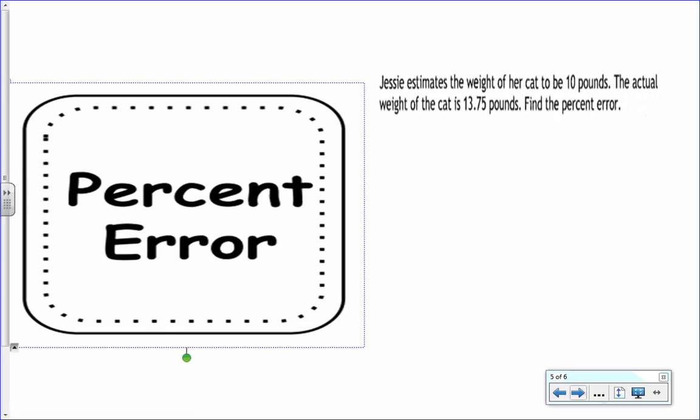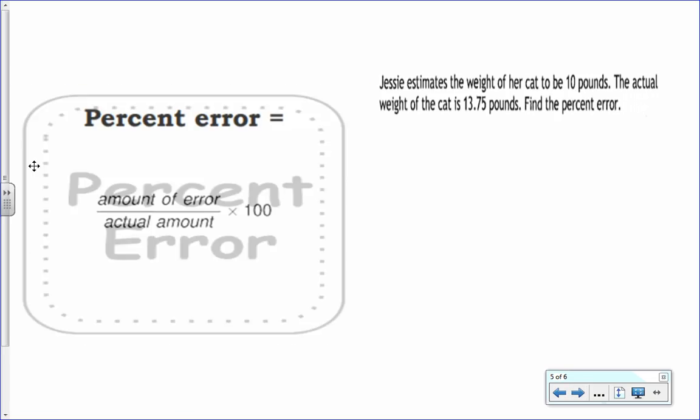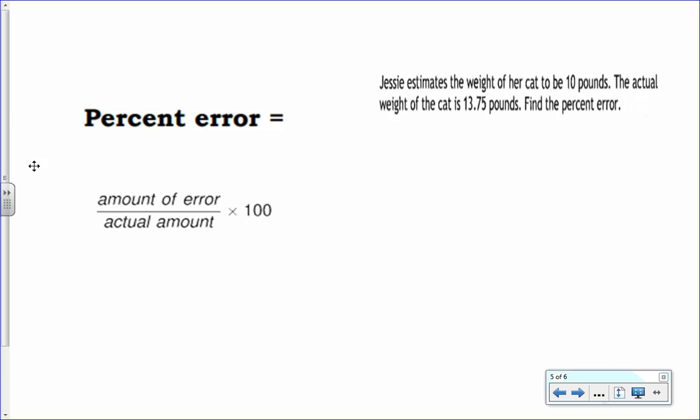Our percent of error is similar to our percent increase and decrease, except that the top amount is our error and the bottom is our actual amount. So we're not trying to do original versus new. We're figuring out how much the error was, dividing it by the actual amount, and multiplying by 100 to change it into a percent.